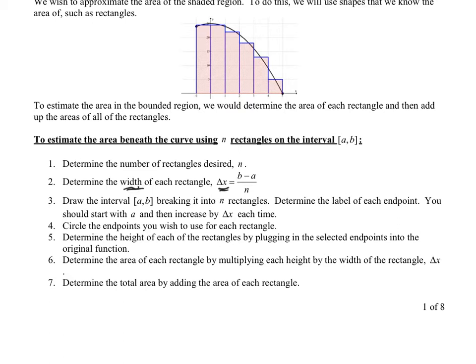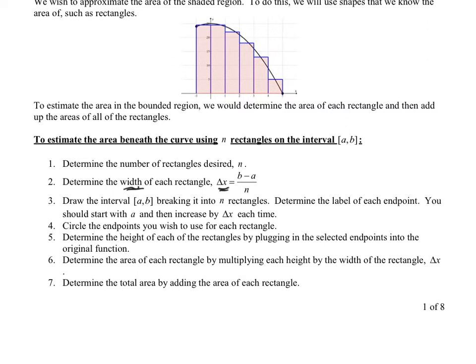All we're going to do is take the length of the interval, which would be b minus a if your endpoints are a and b, and divide it by the number of rectangles you have. For instance, on this one, we had an a value of negative 1, a b value of 5, and we wanted 6 rectangles.